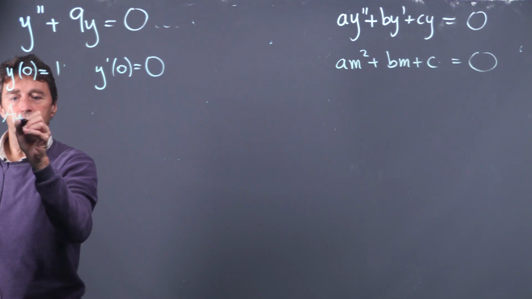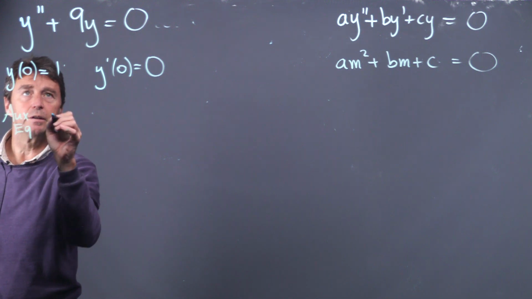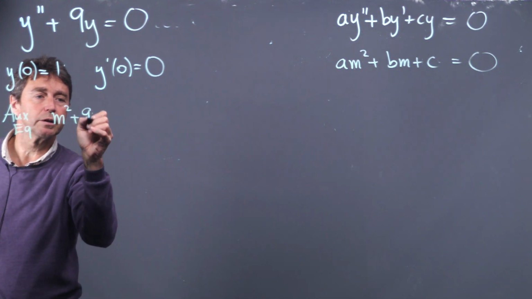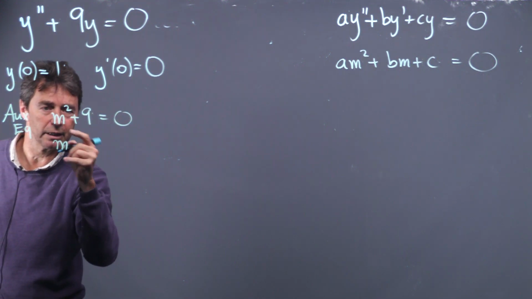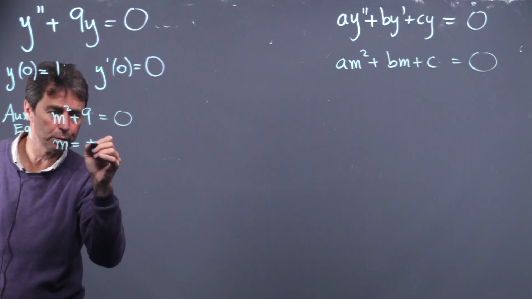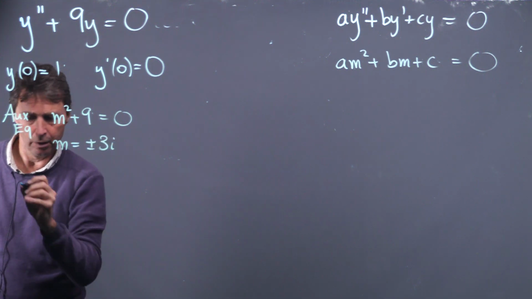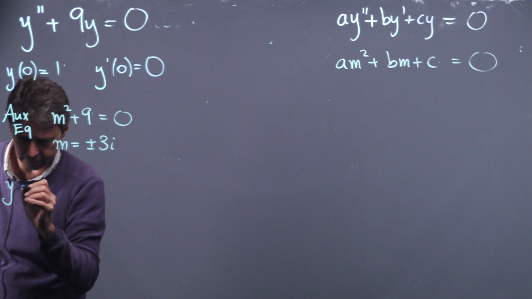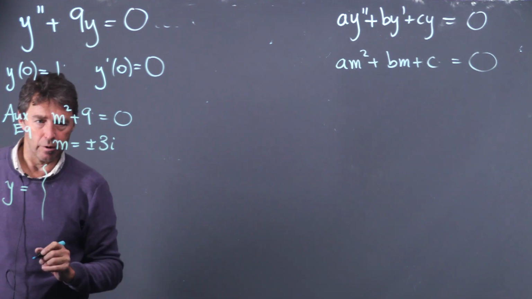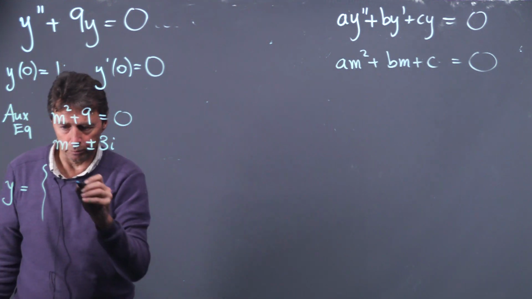Let's apply it to this. The auxiliary equation is m squared plus 9 is equal to 0. That says m squared is minus 9, so m is plus or minus 3i. This is this complex situation where I can write 3 different forms for the solution.